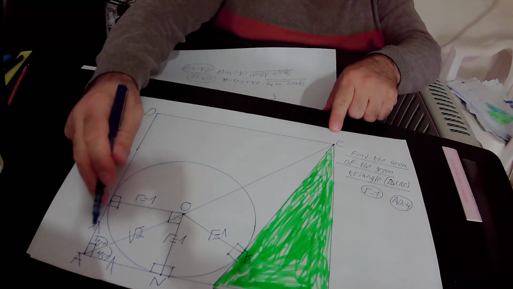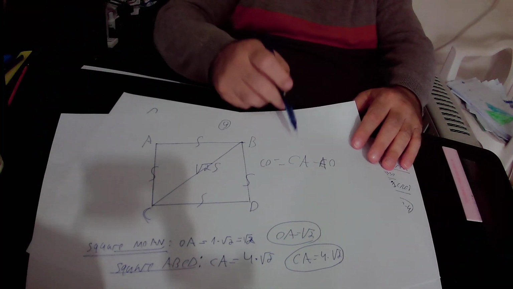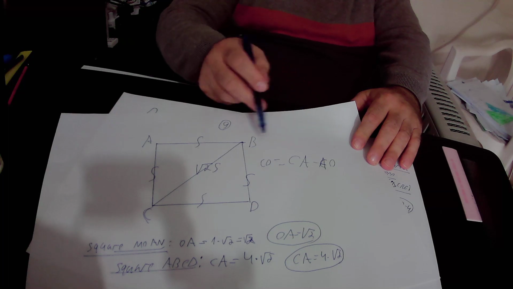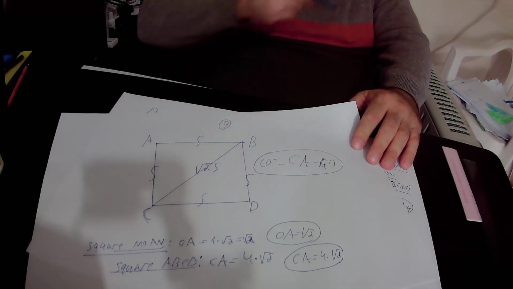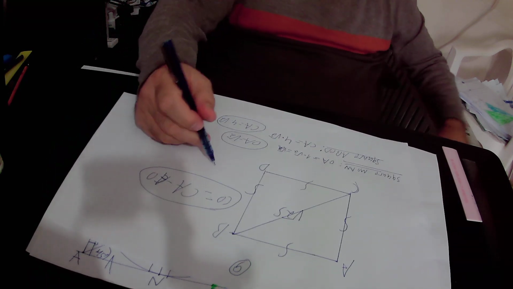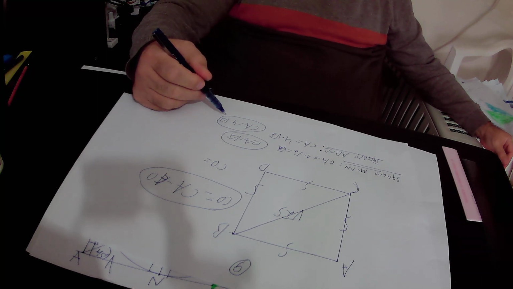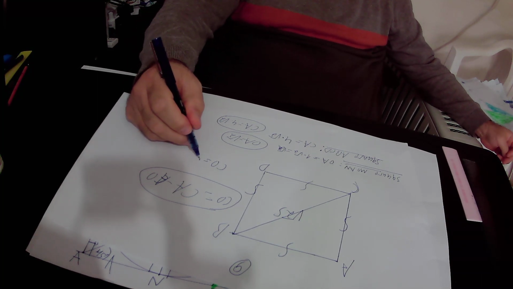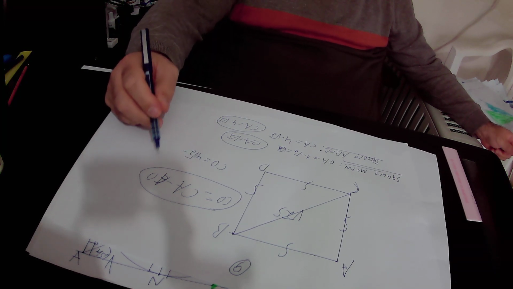CA minus OA equals CO. You can see it from the drawing. So CO equals CA, and we've already found out that CA equals 4 times square root of 2 units, minus AO.